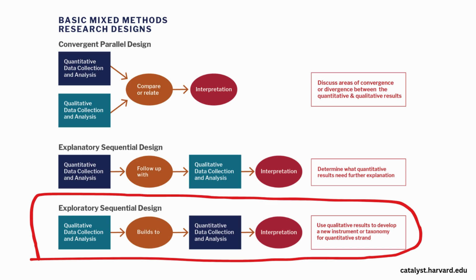Based on what you learn, you could then create a survey to measure specific aspects of those experiences across a larger group. This allows the qualitative findings to drive the quantitative analysis, giving you a more structured way to test ideas that emerge during the exploratory phase.